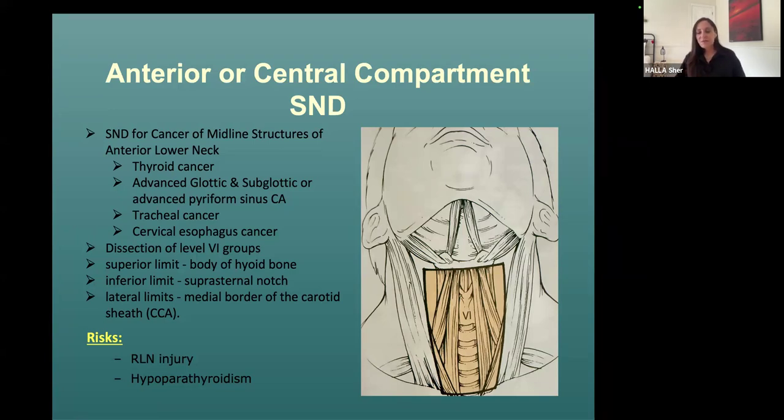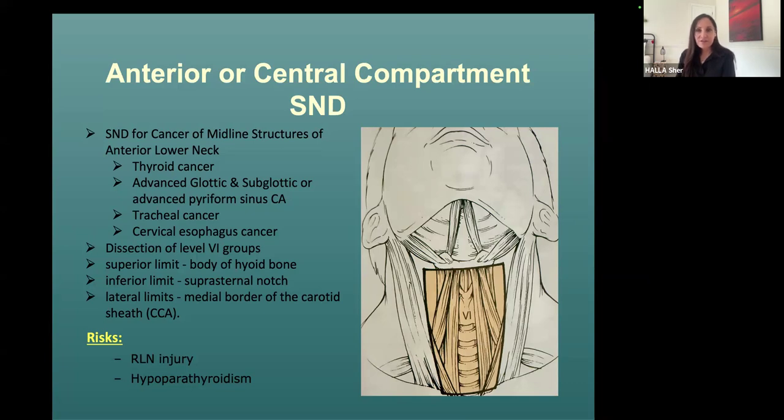There are lots of important structures located in the central compartment, including the thyroid gland, the parathyroid glands, the recurrent laryngeal nerves, and the superior laryngeal nerves. When you're doing a level 6 dissection, you're really skeletonizing along the recurrent laryngeal nerve to do an adequate oncologic procedure.